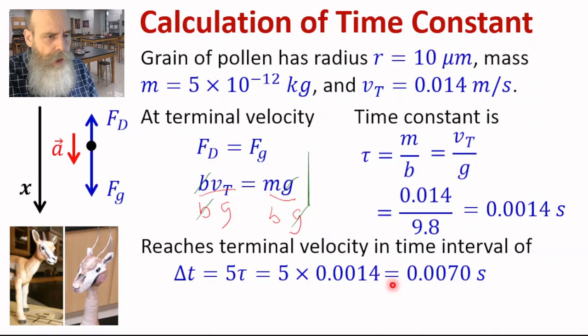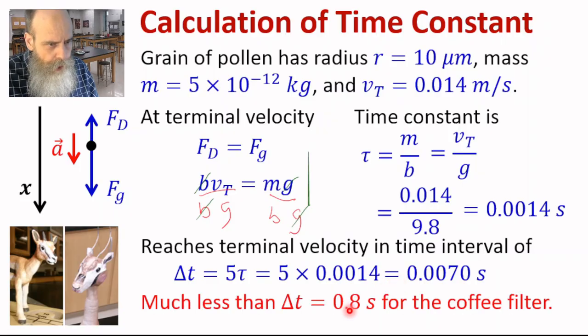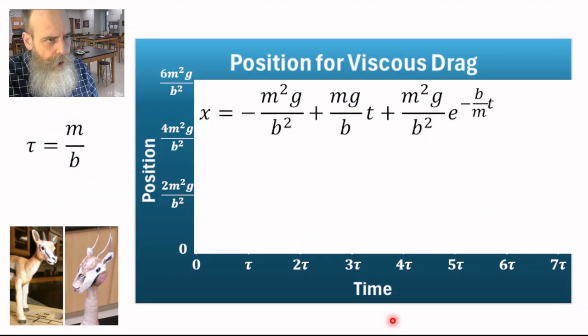Compared to the time for the coffee filter to reach terminal velocity from our experiment, it was 0.8 seconds. The time to reach terminal velocity for viscous drag is much less than the time for inertial drag, as demonstrated here. Here's a graph of position versus time.